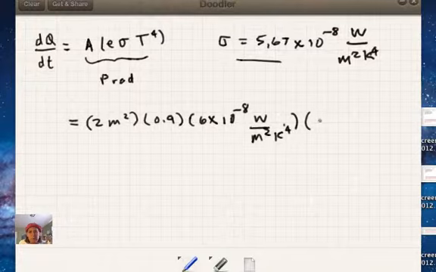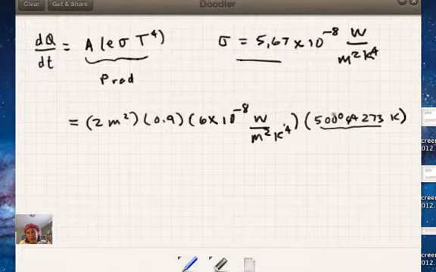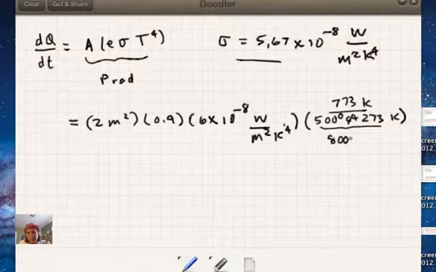We know this is 500 degrees C plus 273 makes this whole thing Kelvin. So this term is really 773 Kelvin. I'm going to call it 800 Kelvin, raised to the fourth power. 800 Kelvin to the fourth.